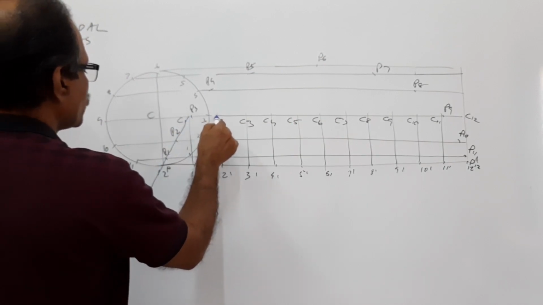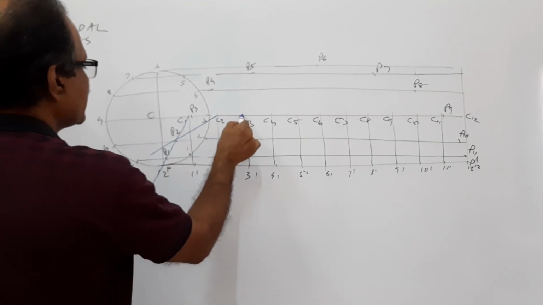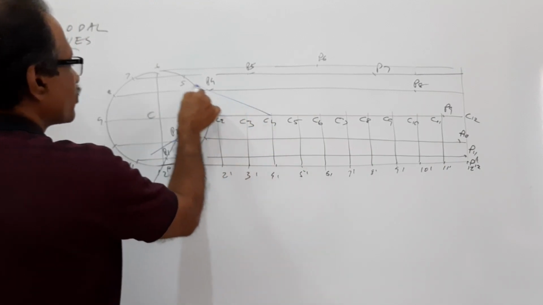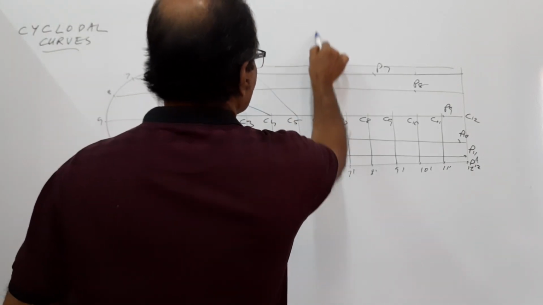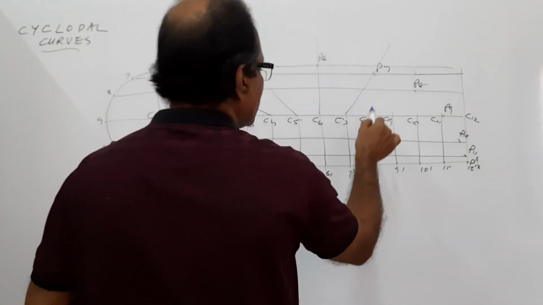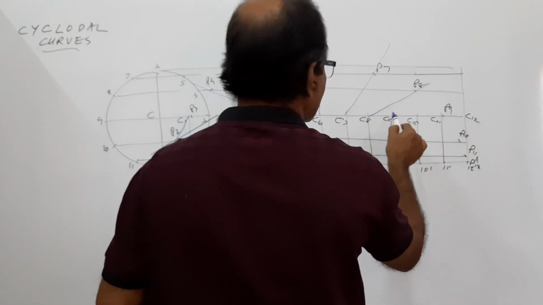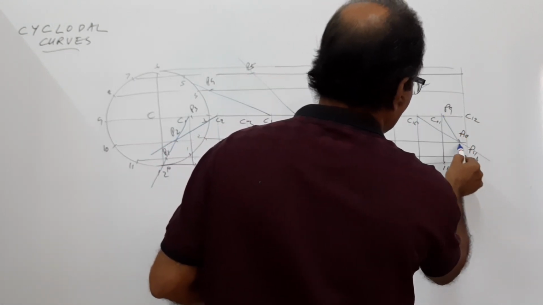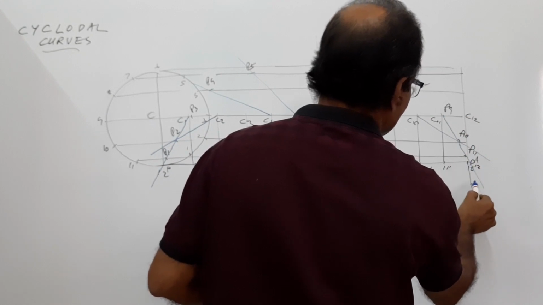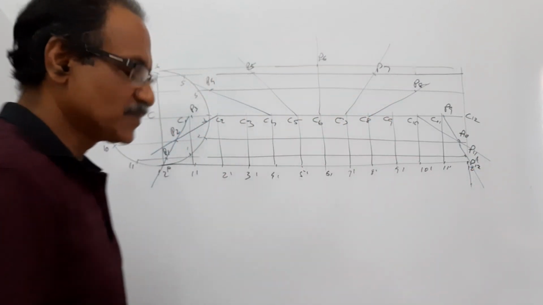Connect C2, P2. Extend. Connect C3, P3. It's already there. C4, P4. C5, P5. C6, P6. C7, P7. C8, P8. C9, P9. C10, P10. C11, P11. C12, P12. Extend those lines.